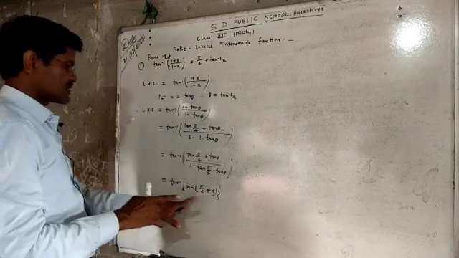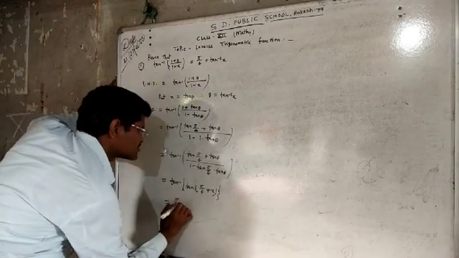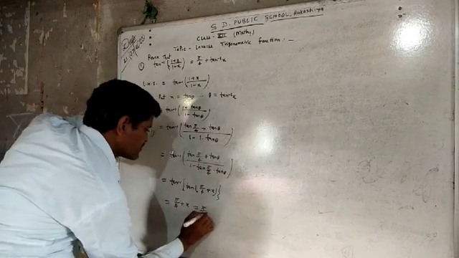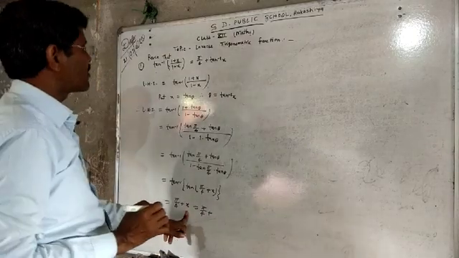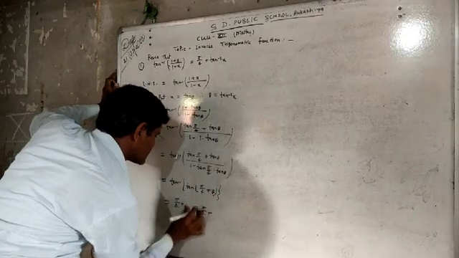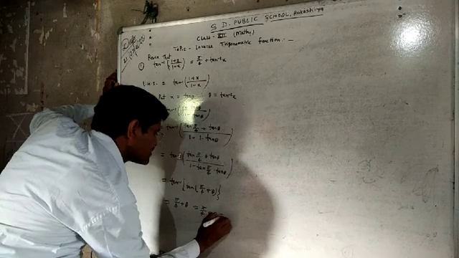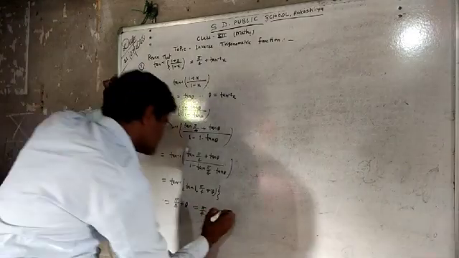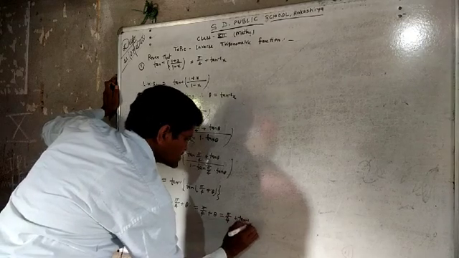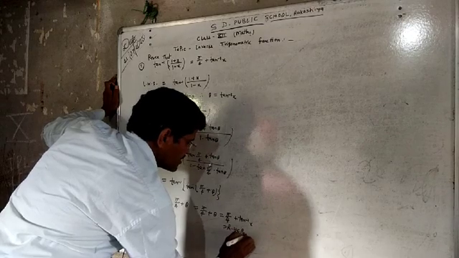Since tan inverse tan theta equals theta, it becomes pi by 4 plus theta, and the value of theta is tan inverse x, so it is equal to pi by 4 plus tan inverse x, which is RHS, and which is proved.